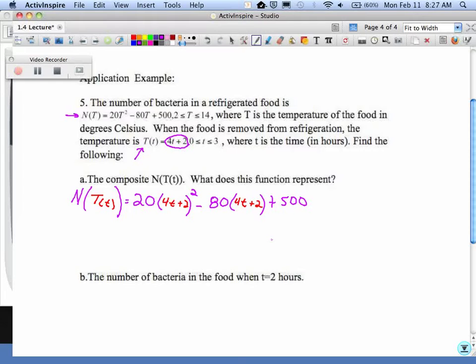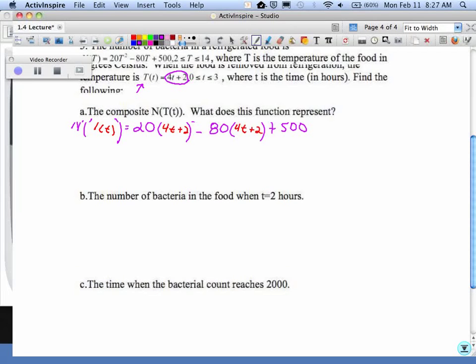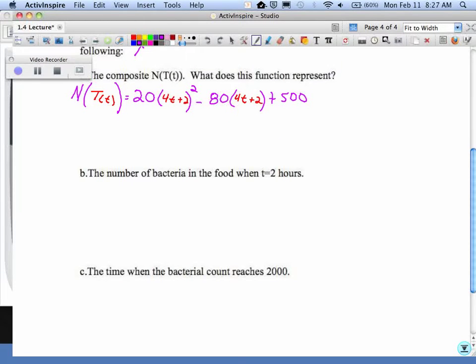So it looks a little complicated, but that's 16t squared. When you do the outside and the inside, you're going to have 2 times 4t and 2 times 4t, which is 8t and 8t, which is 16t, plus 4, minus 320t, minus 160, plus 500.